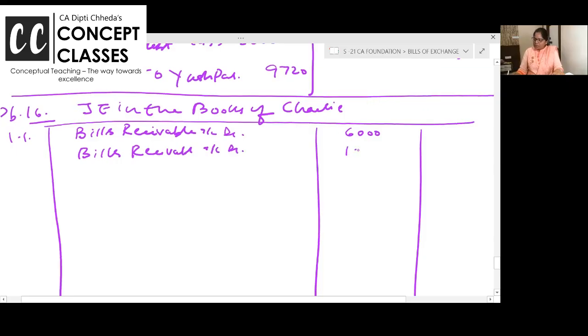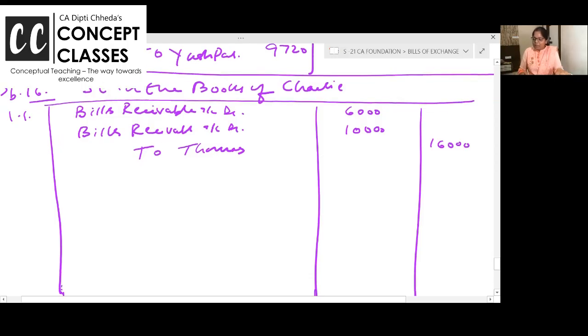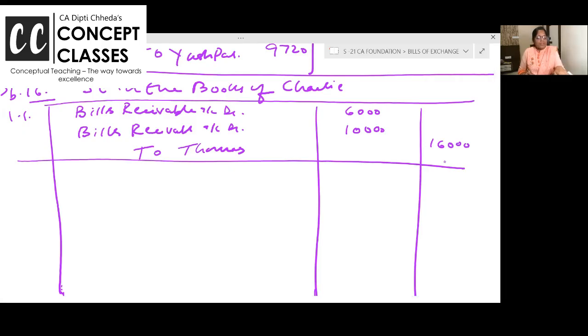Second one 10,000. To Thomas. We have drawn 2 bills on Thomas. Being bill drawn on Thomas. Now, this was the story on 1st January.